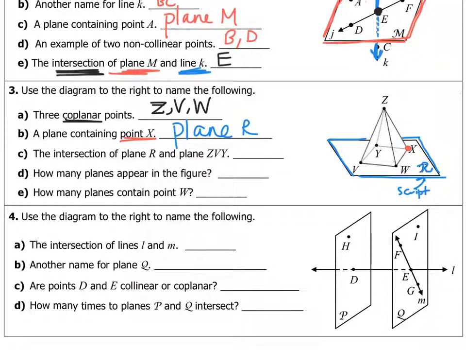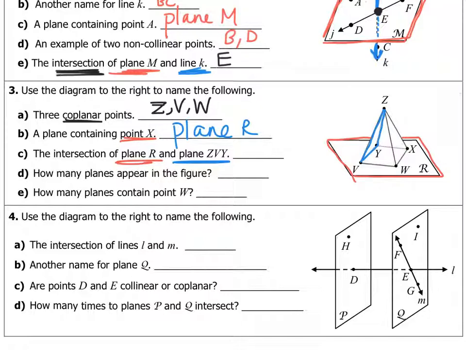And for number 3, the intersection of plane R and plane ZVY. So first let's look for and highlight where plane R is. You know that plane R is right over here. And plane ZVY is right over here.